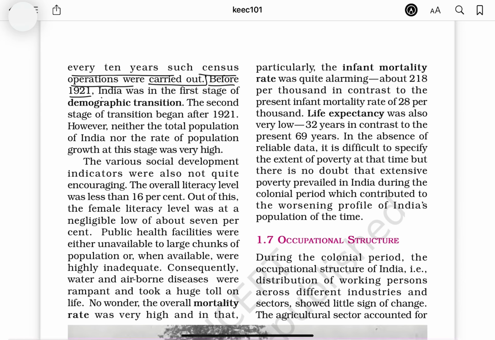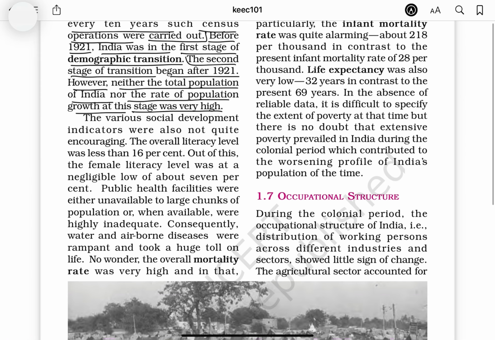Before 1921, India was in the first stage of demographic transition. The second stage of transition began after 1921. However, neither the total population of India nor the rate of population growth at this stage was very high. The various social development indicators were also not quite encouraging.